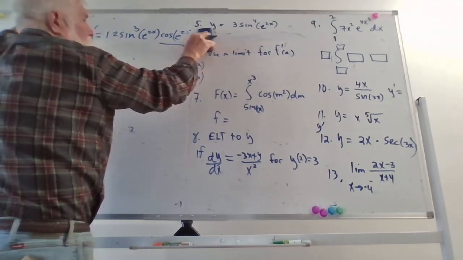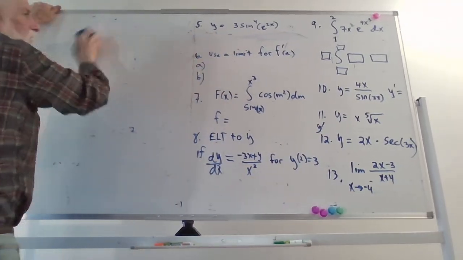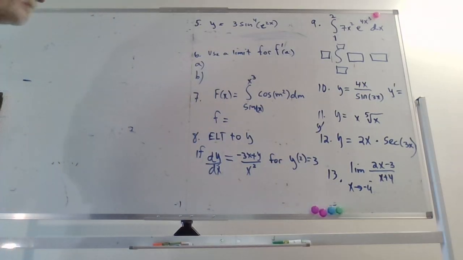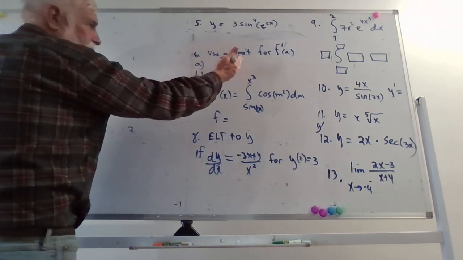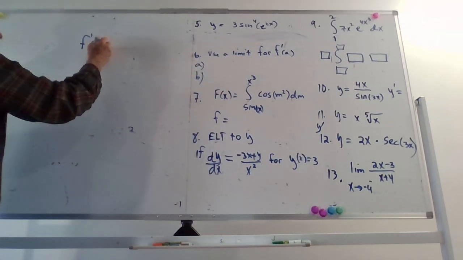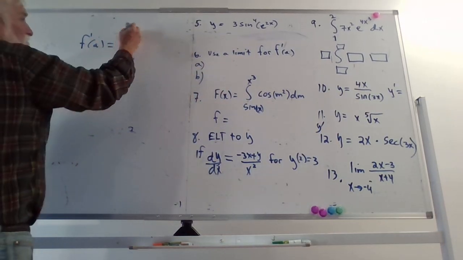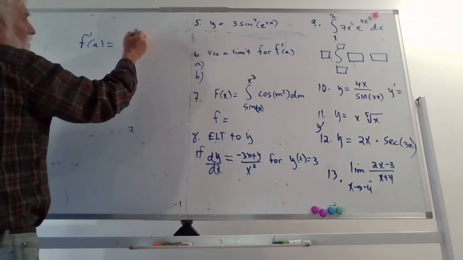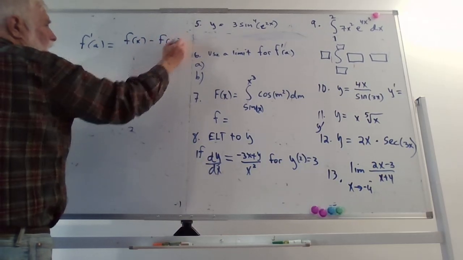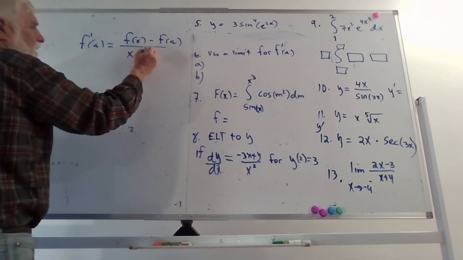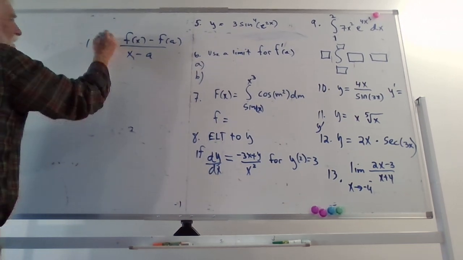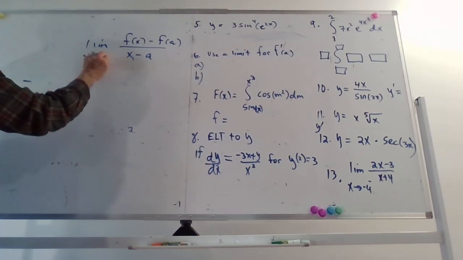All right, can you use a limit? Let's use 2 limits to describe f prime of a. Stop the video. What's f prime of a? Well, it's the limit as x approaches a of f of x minus f of a over x minus a.